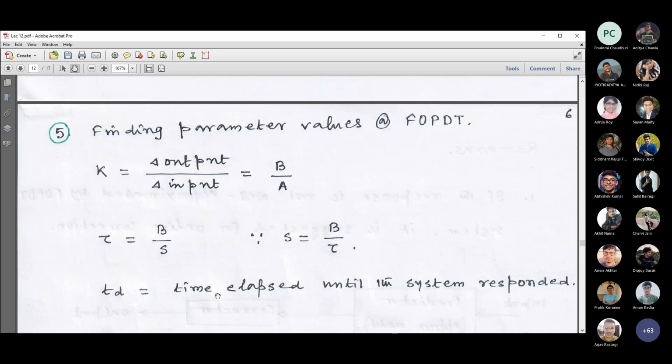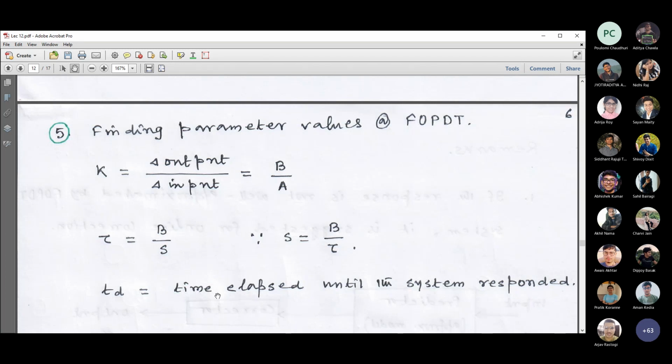Let me give the gist of what we have discussed so far in this Cohen-Coon method. Suppose you have a chemical process. You introduce a step change in the input variable, and then you see the nature of your output with reference to time.